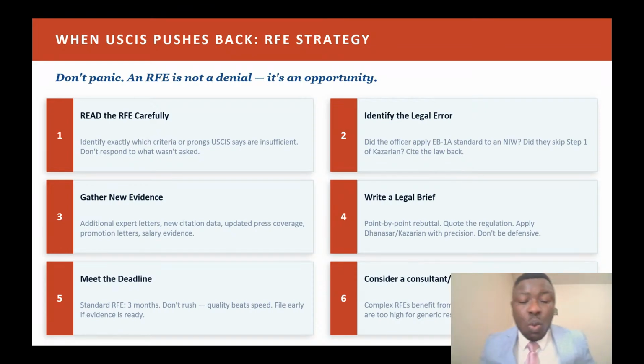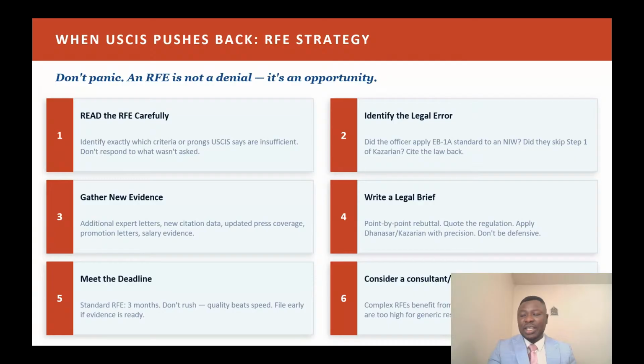Now, when you write your petition, more often than not, USCIS might push back and send you a request for evidence. That is called an RFE. When people get an RFE, there are different ways to respond.